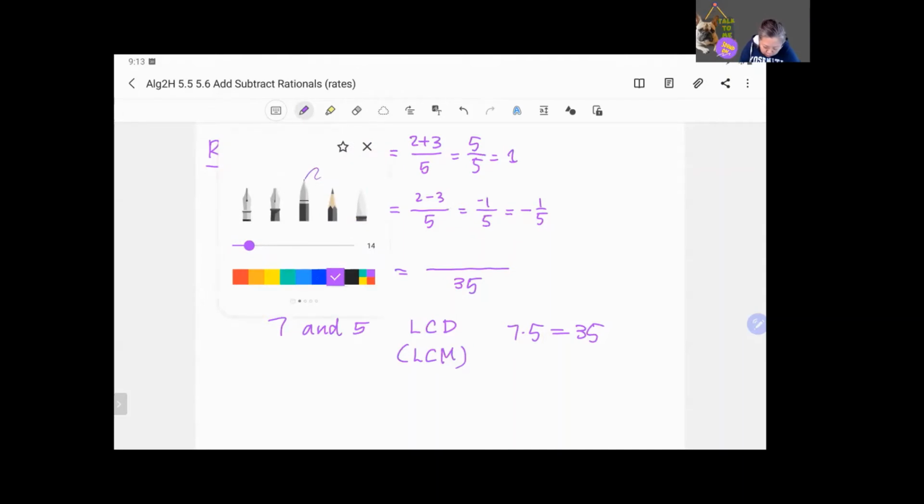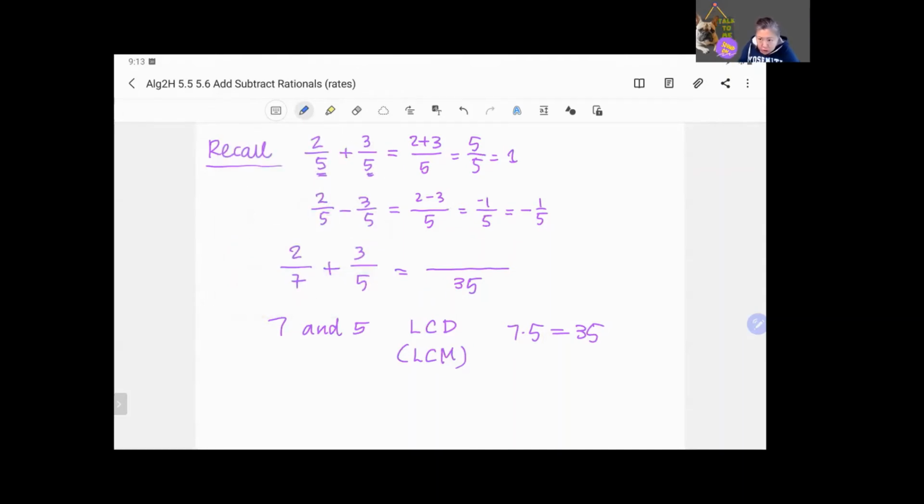But in order to make each denominator the common denominator 35, what we can do is multiply the first fraction top and bottom by 5 and 5, and then the second one by 7 and 7.